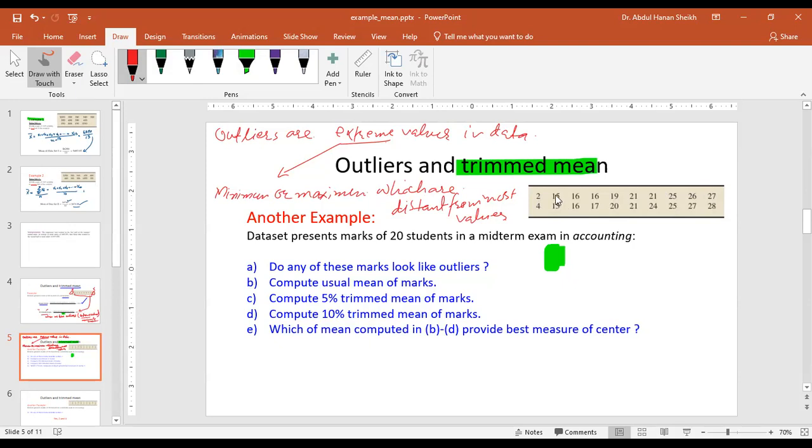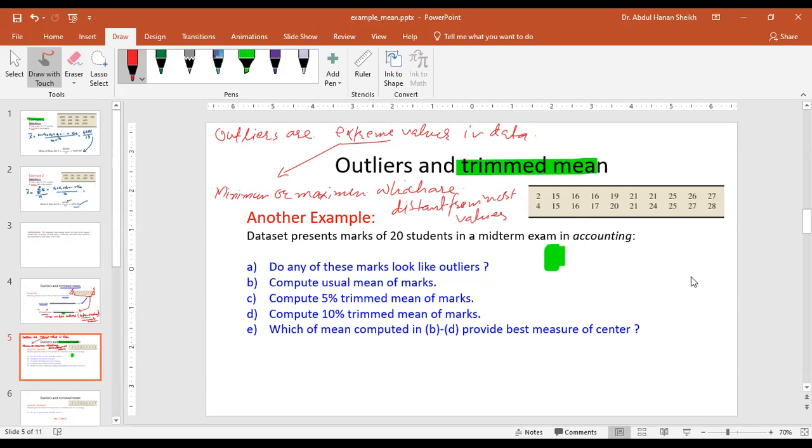The distance between 4 and 15 is kind of 11. 18 is the maximum value, but 27 is there, I mean there is not much distance. 26 is there. So we have this trend in the data: 27, 26, 24, and then a difference of 3, 21 and 20 and 19 and so on. But these are clearly outliers, or the extreme values, because all the other values are at too much distance from these two values.